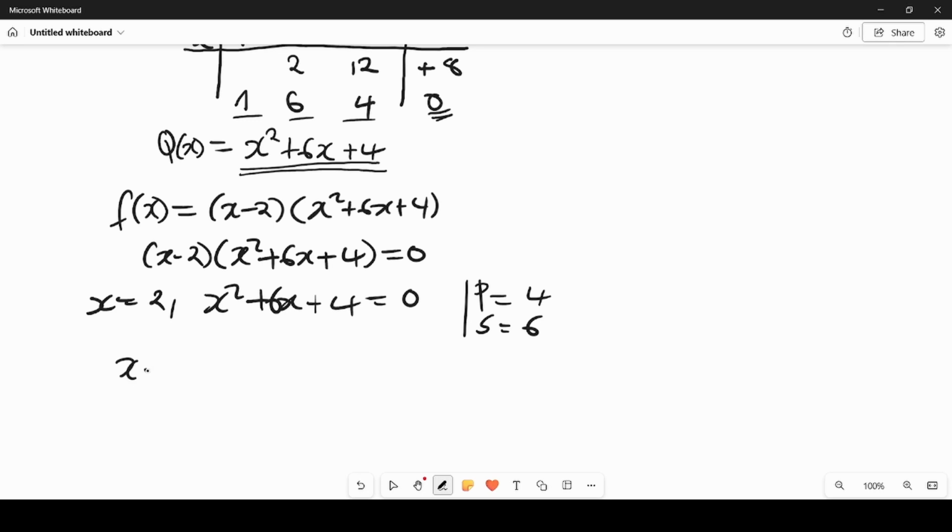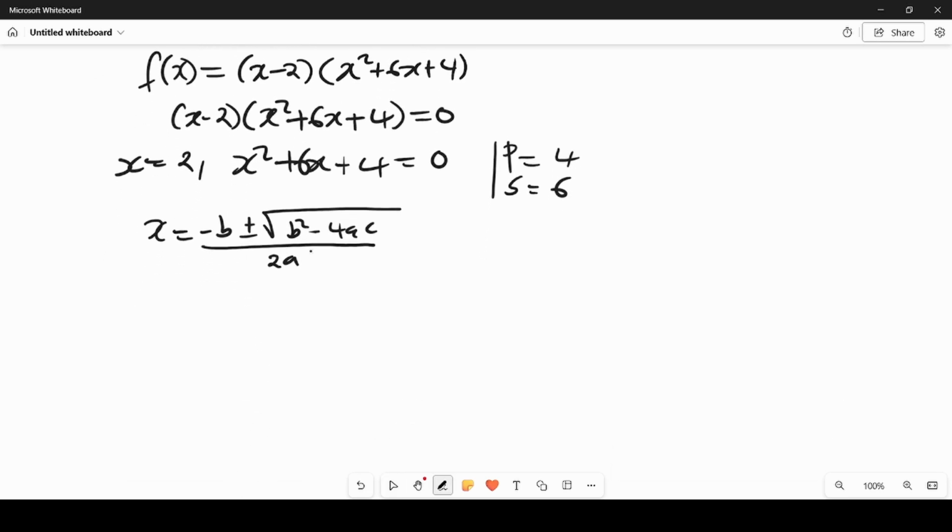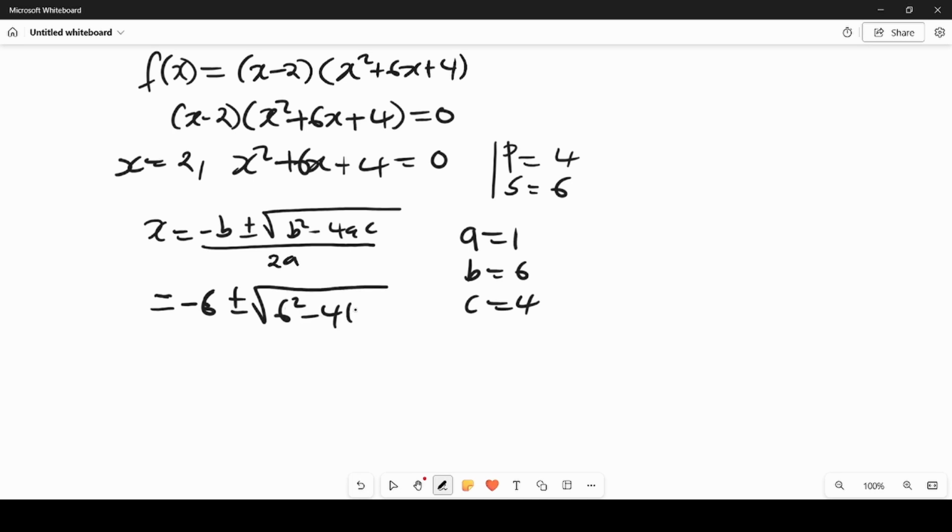You use the quadratic formula: minus b plus or minus square root of b squared minus 4ac, over 2a. Okay, with our a being 1, our b being 6, and our c being 4. Substitute. Our b is 6, plus or minus square root of 6 squared minus 4. What is our a? 1.